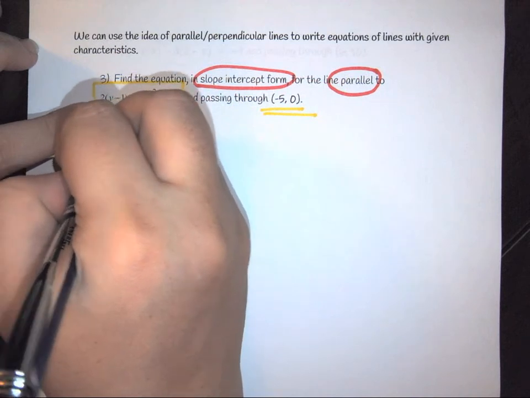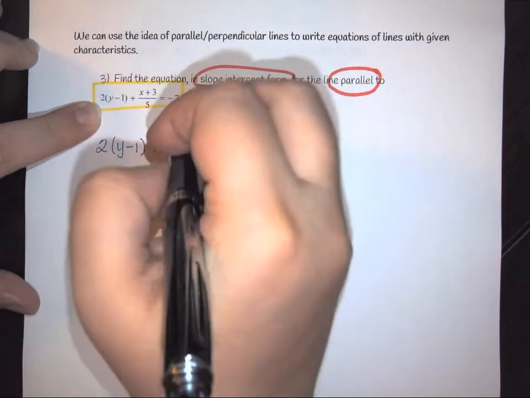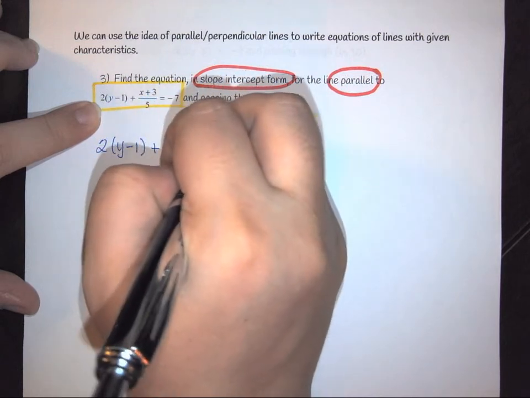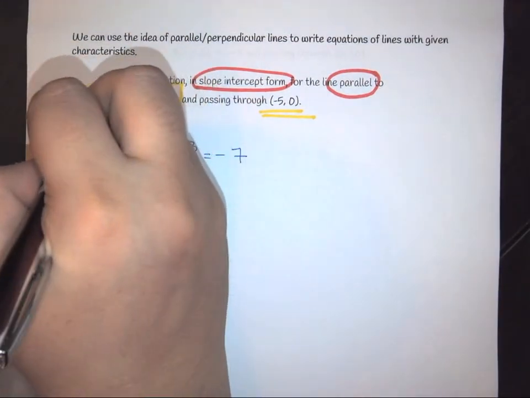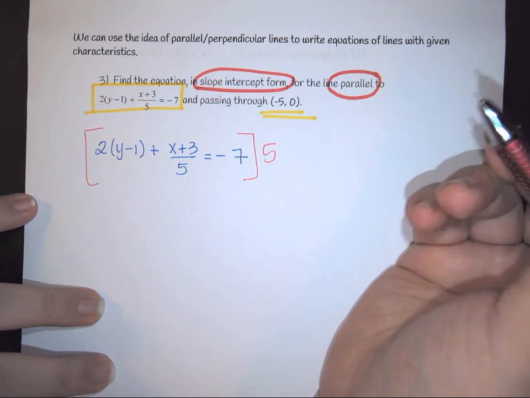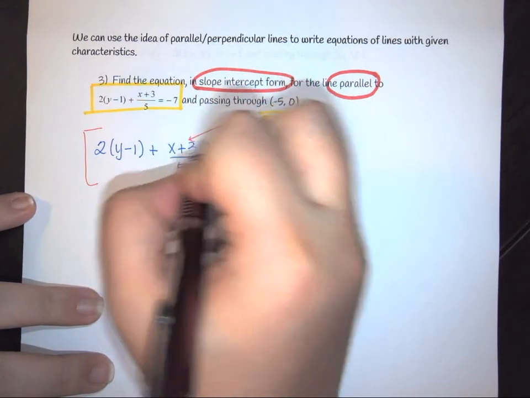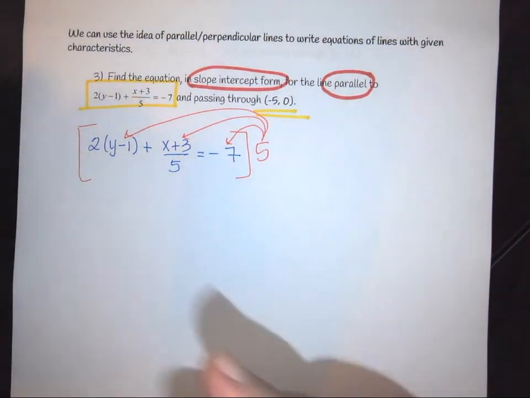So I'm going to start with 2 times y minus 1 plus x plus 3 over 5 equals negative 7. I'm going to start the whole thing off by getting rid of my fraction, which says multiply by 5. That means, again, I am multiplying all 3 parts.